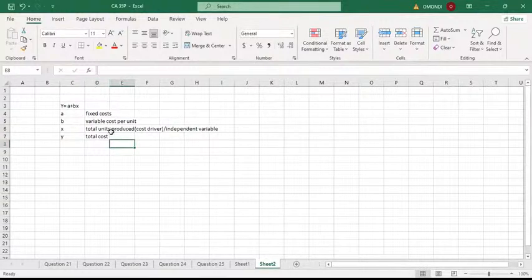But here we are interested in this term called cost driver. It determines what the cost will be. As you can see, y is the total cost, a is fixed cost. This fixed cost, even if you've produced 0 units, will still be incurred.